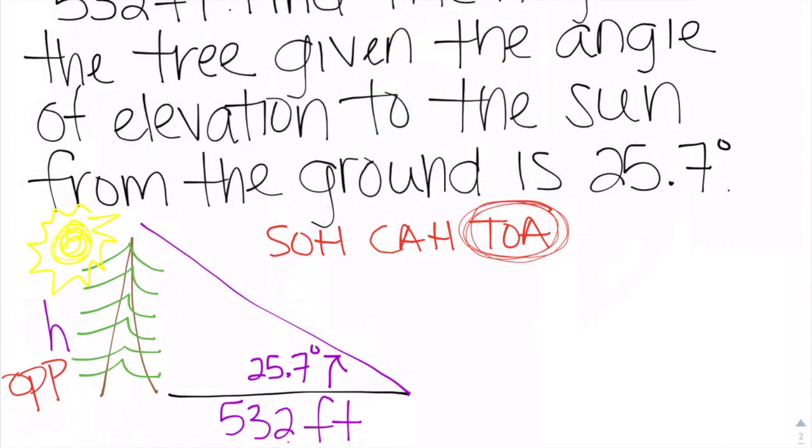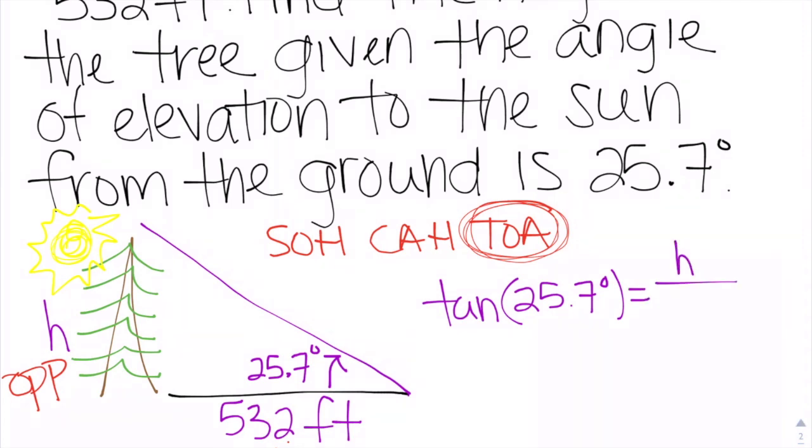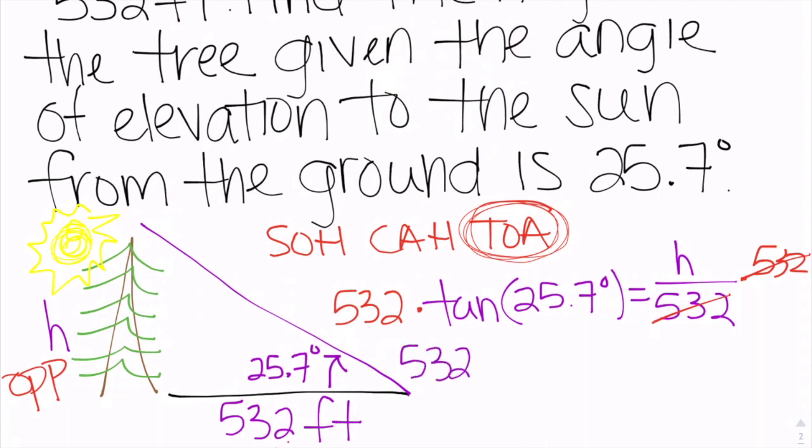And so we're going to say tangent of the angle is going to be equal to the opposite side of h over our adjacent side of 532. Now we want to get h alone, so we're going to multiply each side by 532. And so that gives us 532 times the tangent of 25.7 degrees is equal to h.